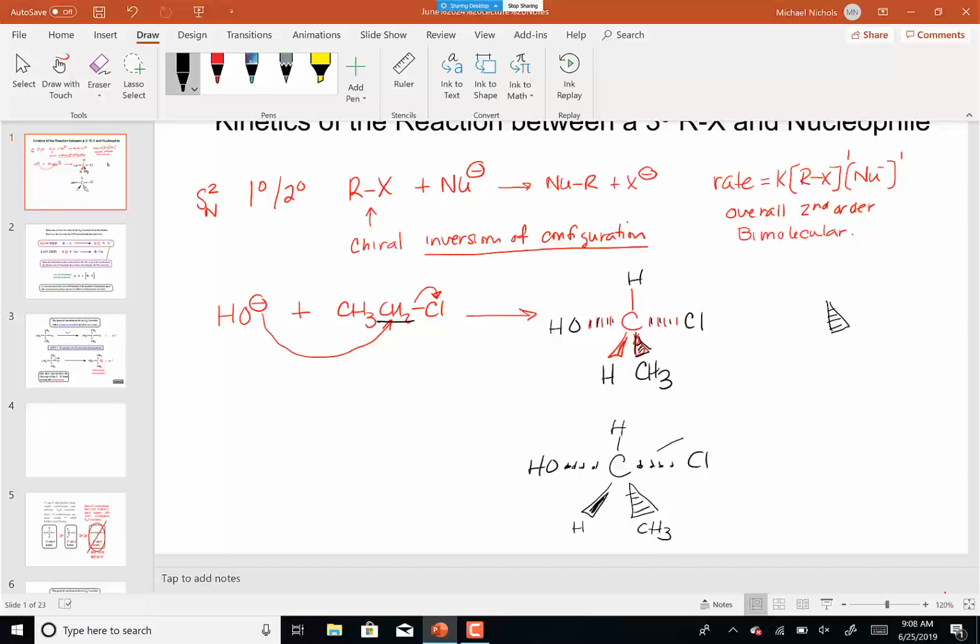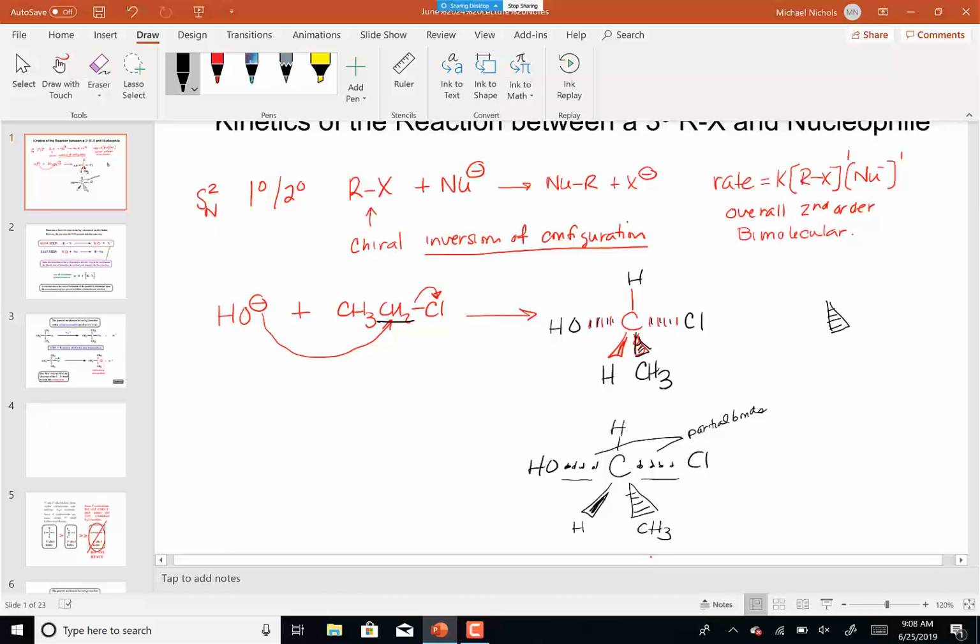So as the hydroxide comes in and forms a bond to the carbon, the carbon-chlorine bond has to be breaking at the same time. And so in this transition state, this bond over here is being formed, and that bond is being broken.